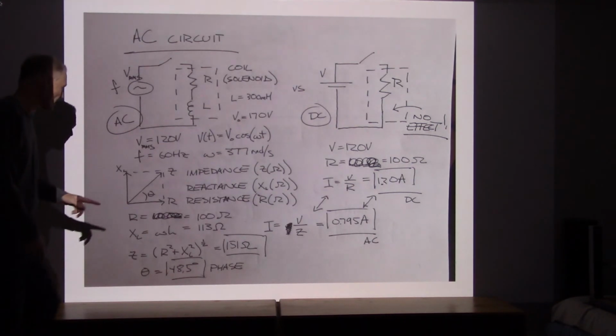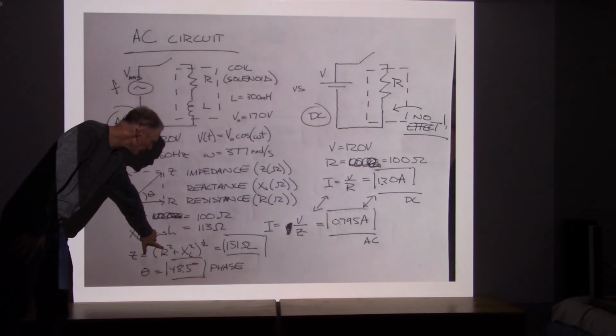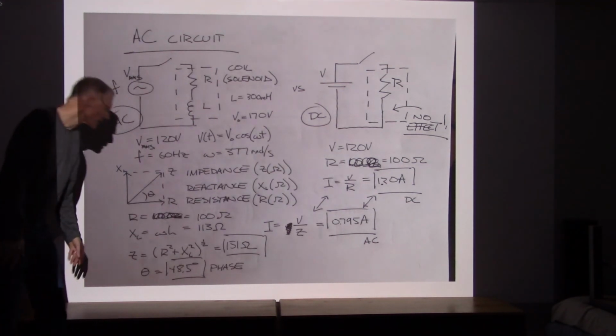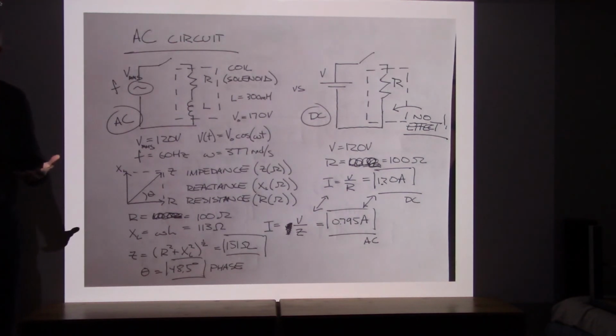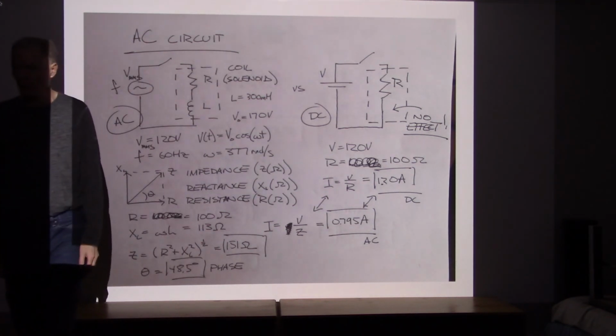So what we're going to do is take the 100 and the 113, square the 100, square the 113, add them together, take a square root, and it says the overall impedance for the circuit is 151 ohms.